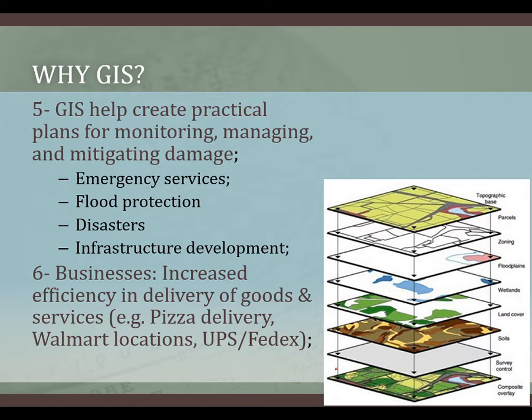And for us as businesses, we want to increase the efficiency in delivery of goods and service. Remember the pizza example, the UPS, FedEx, Walmart locations, where to put our new store. We need to create some kind of analysis spatially with the use of GIS that will help us find new locations and find new customers as businessmen.